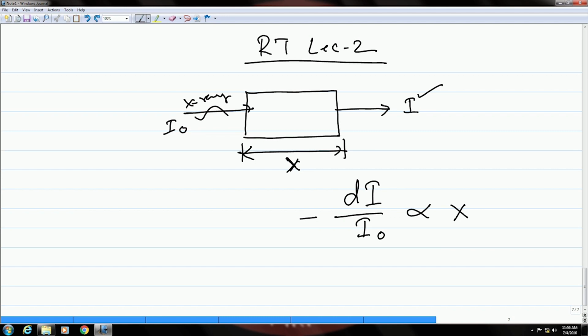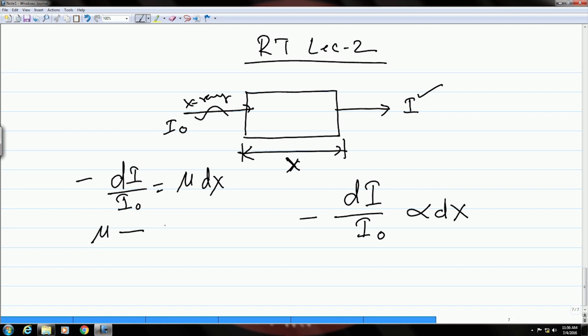Now, if you introduce the proportionality constant here, which we will call mu, and let us say the X-rays travel through a distance dx, the fractional decrease will be proportional to dx, and this is the proportionality constant mu.